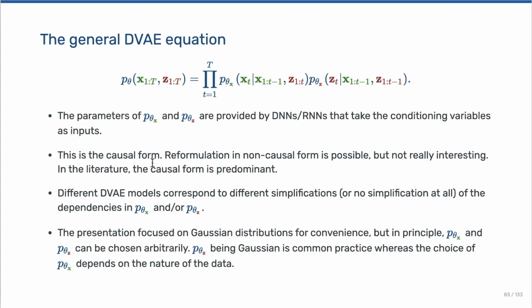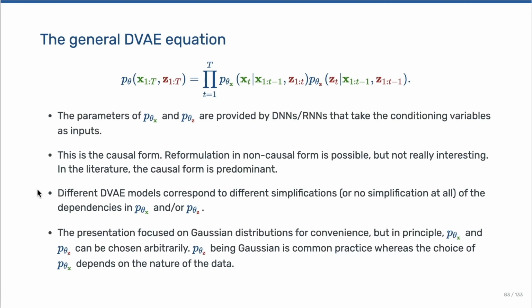For example, we would first sample z1, then sample x1 from z1, then sample z2 from z1 and x1, and so on. The reformulation of the generative process in non-causal form is possible, but let us say that it is not really interesting. In practice, for real-world signals, we are mostly interested in causally plausible data generation. In the literature, the causal form is predominant.